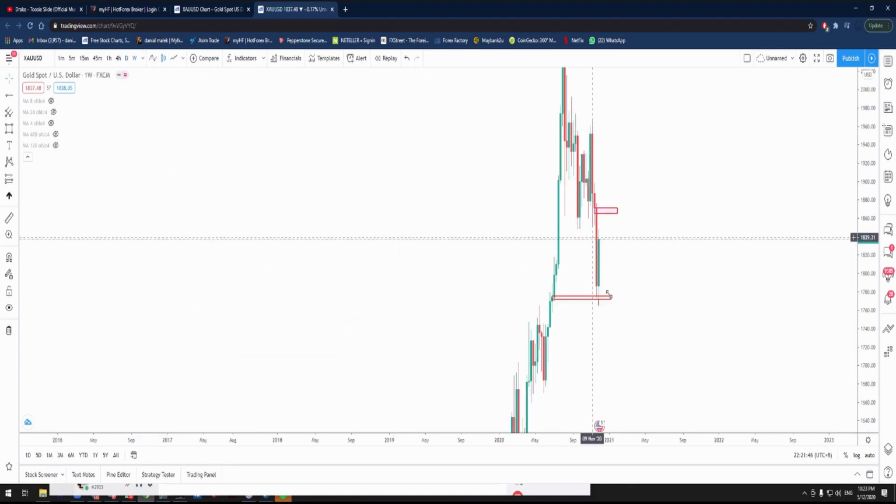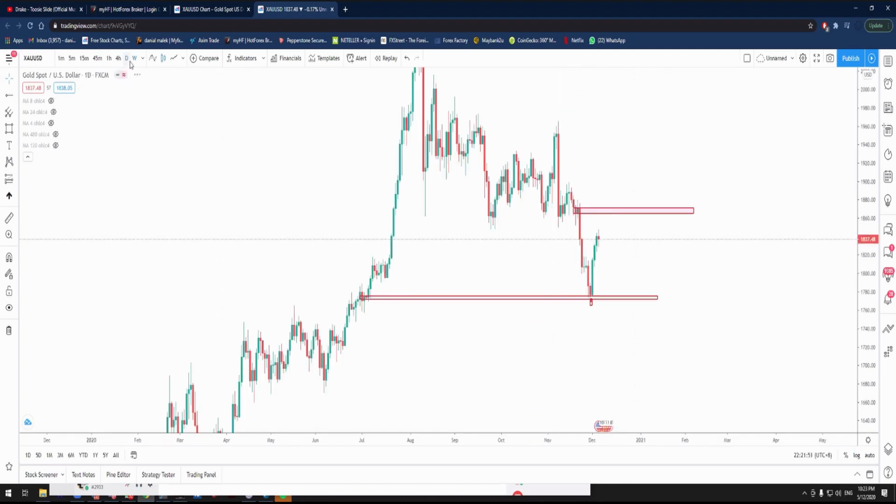Okay, weekly dah buat new low, high low, dia akan naik balik. Okay, tapi daily kena faham. Perjalanan daily, saya bagi, this is weekly. Ini perjalanan weekly. Perjalanan daily mungkin macam ni.